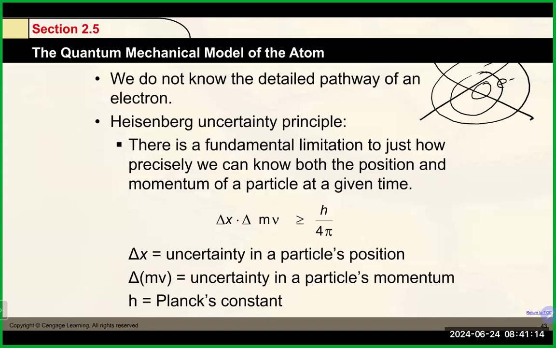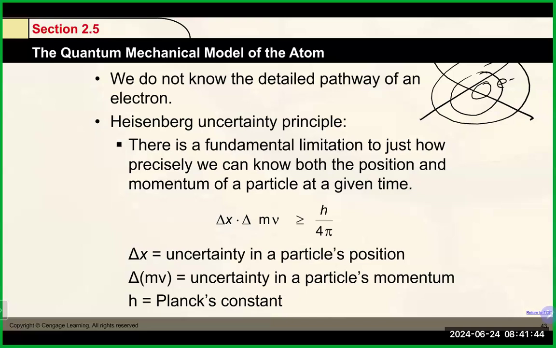And one of the next major ideas of moving away from Bohr's model of the atom is the idea of Heisenberg and the uncertainty principle. Essentially, the Heisenberg uncertainty principle states that the more you know about how a particle, for example an electron, is moving, the less you know about the actual location of where it's at.